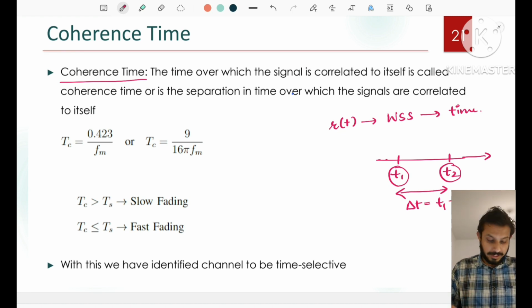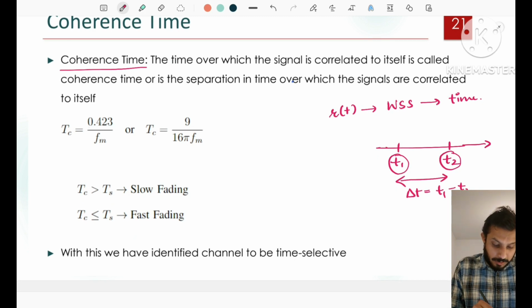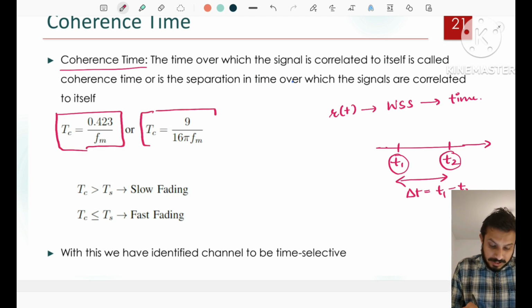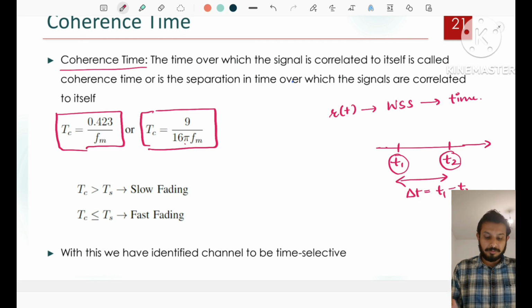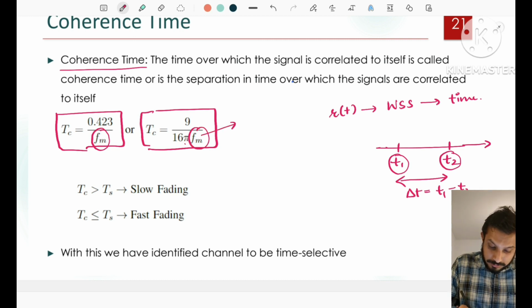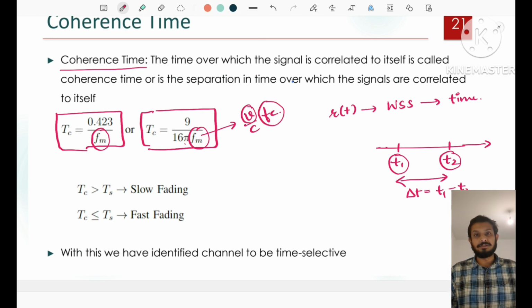And the rule of thumb says the coherence time is equal to 0.423 upon Fm, or to be exact, it is 9 over 16 pi Fm. That is, it depends on Fm. And Fm is a function of V by C Fc. Thus, it depends on V and Fc.